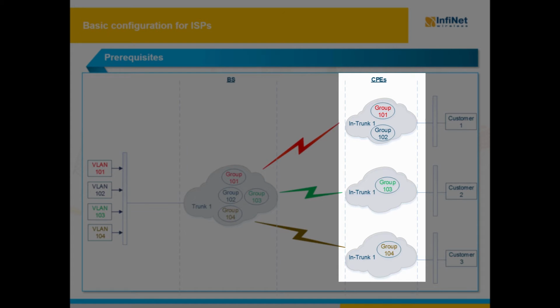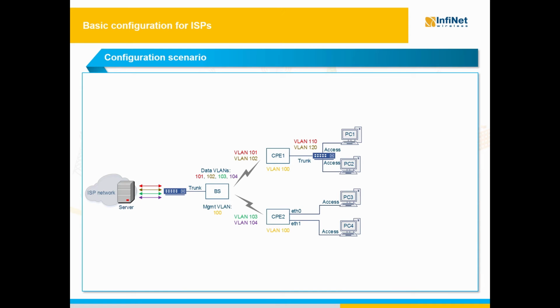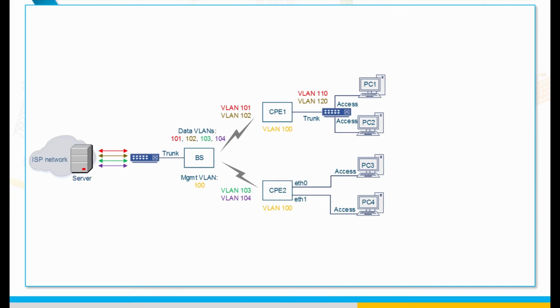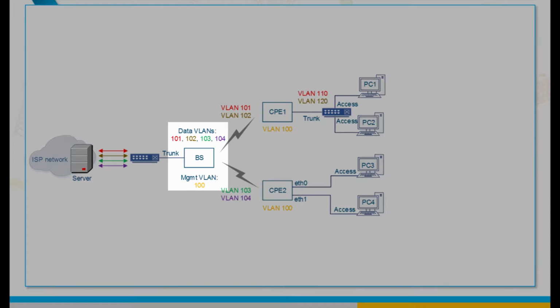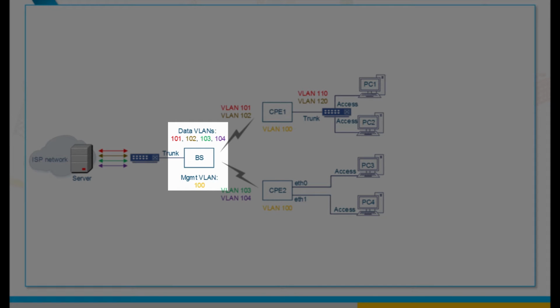The practical scenario consists of 3 R5000 units, 1 base station and 2 CPEs, connected in a point-to-multipoint topology. The customers behind the CPEs are logically separated from each other through the ISP network using VLANs. VLANs 101 to 104 will be assigned to customers for the data traffic, and VLAN 100 will be used for the management of the units.